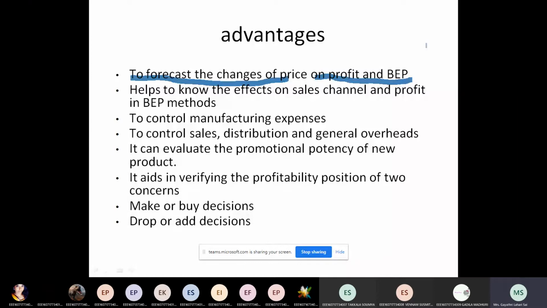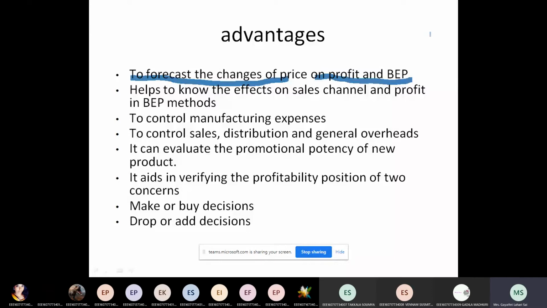Okay, so promotional potency of the new product, launching a new product or doing some experiment, this will help you. Then it aids in verifying the profitability position of two concerns.